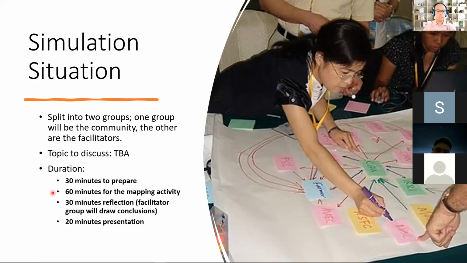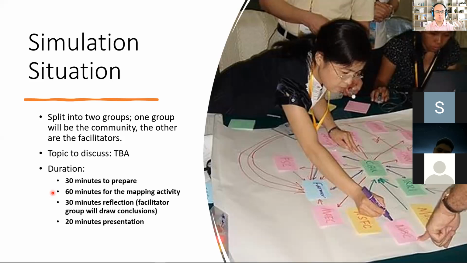Then you come together again in the plenary session, 60 to 70 minutes maybe, for the mapping activity, and then break off into separate groups again for a 30 minute reflection.